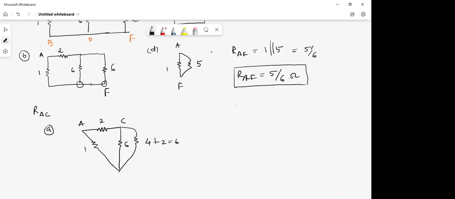So now we can increase our speed by saying that 6 parallel 6 is 3.